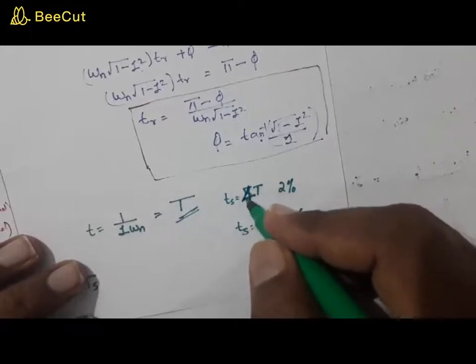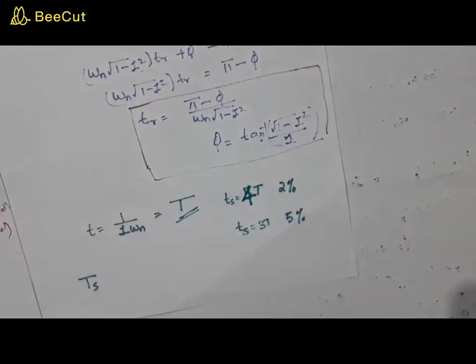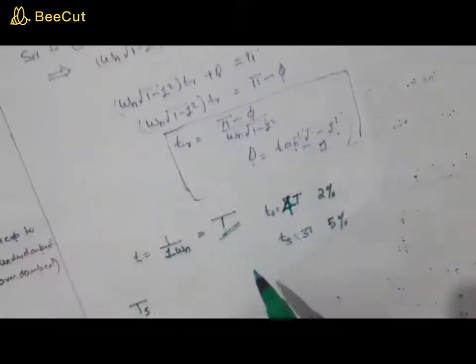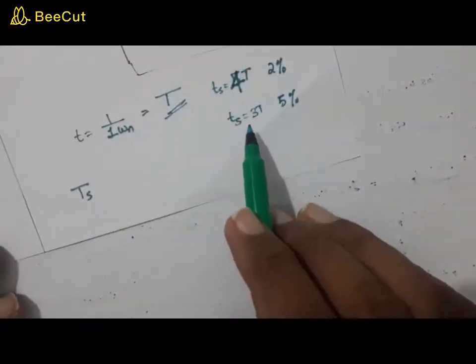It is 4 times T, not 5T. When you put 4T, you can see that the output will be almost equal to some 0.98.